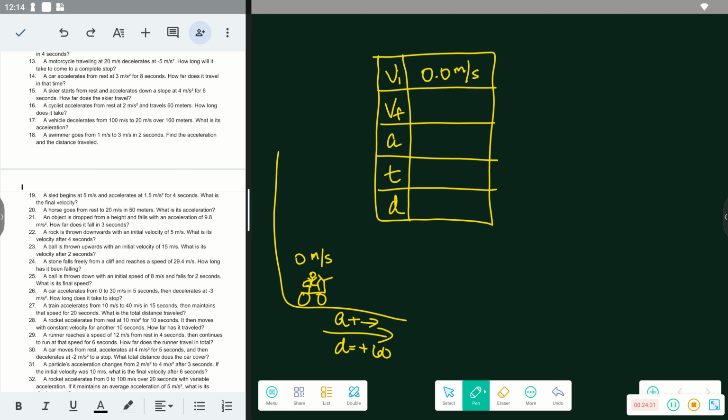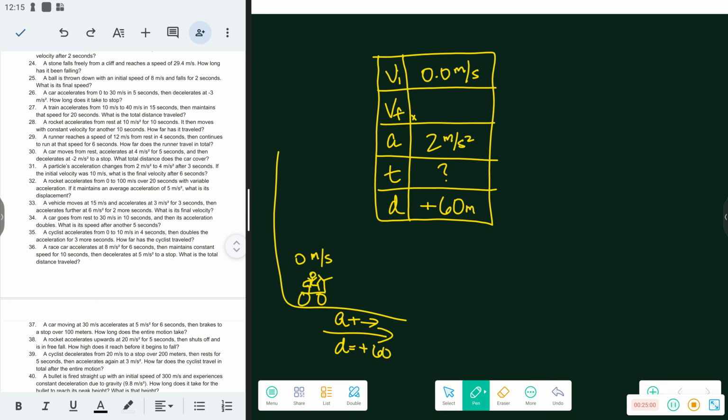Okay, so we're just going to put a little X down there for now. What's the acceleration? 2 meters per second squared. Do we have time? No, that's what we need to solve for. And what's our displacement? Plus 60 meters. All right, so we don't have final velocity, and we need to solve for time.